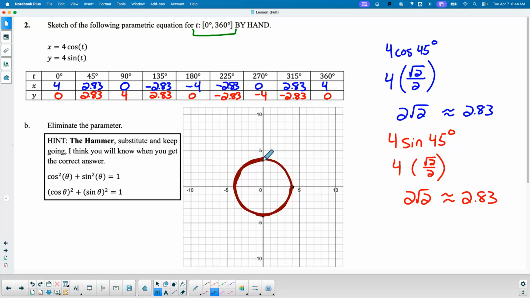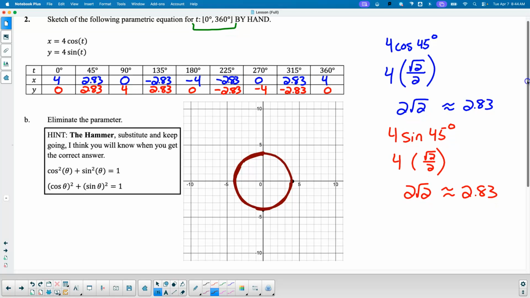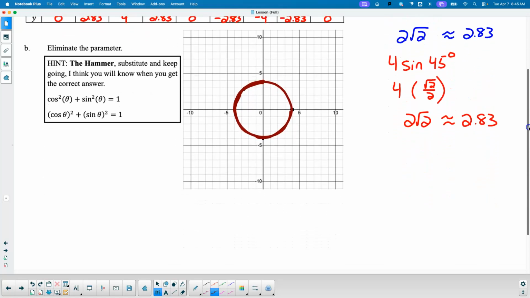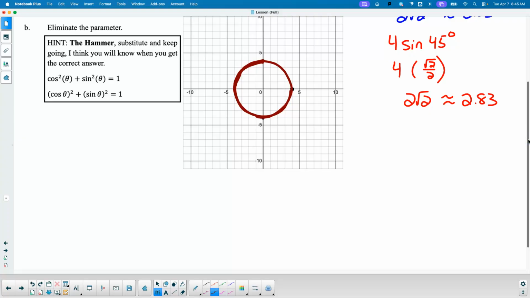Now, eliminating the parameter in trigonometric ones is a little different because you have to use the hammer. So you have to solve both equations for the trig function.